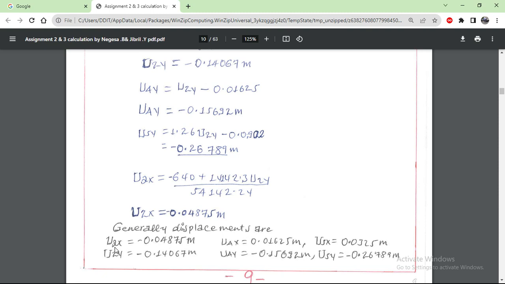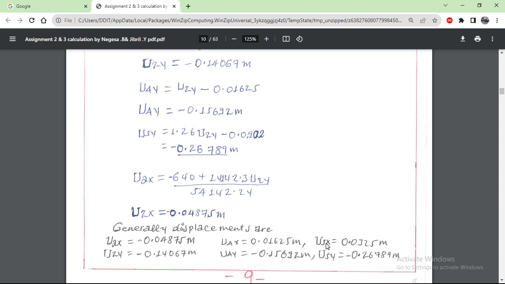At node number 1 and node number 3 we have no displacement because they are fixed, so the displacement at the fixed points is 0. At node number 2, displacement is negative in the x direction and also negative in the y direction. At node number 4, in the x direction it is positive, and in the y direction it is compressive, negative.